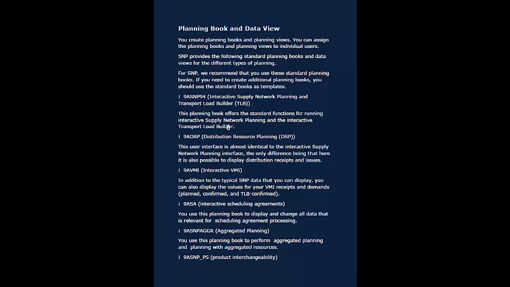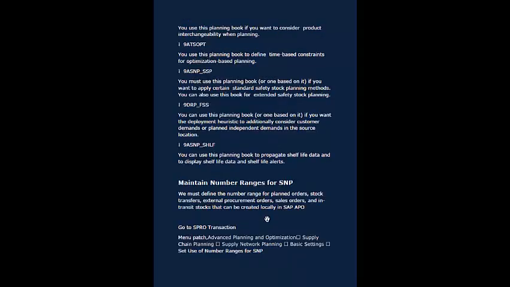This planning book offers standard functions for running interactive supply network planning and the interactive transport load builder. And 9ADRP, 9AVMI, 9ASA, 9ASSP, 9ADRP, FSS, 9ASNP underscore SHELF. You can use this planning book to propagate shelf life data and to display shelf life data and shelf life alerts.